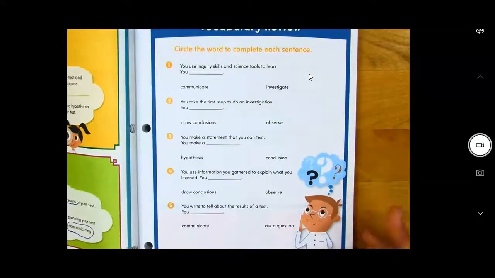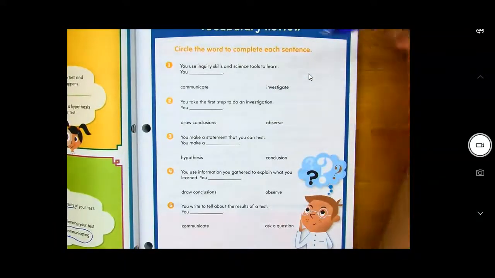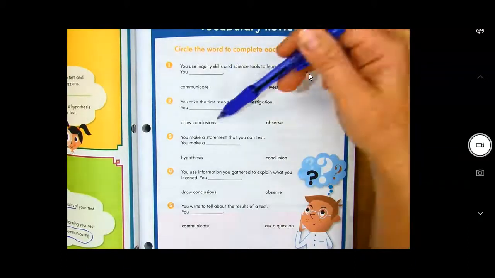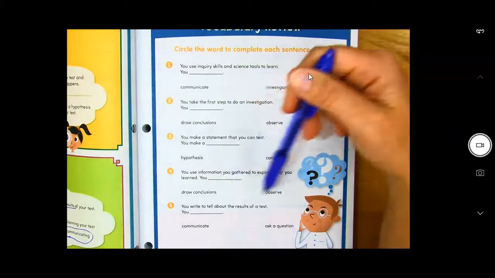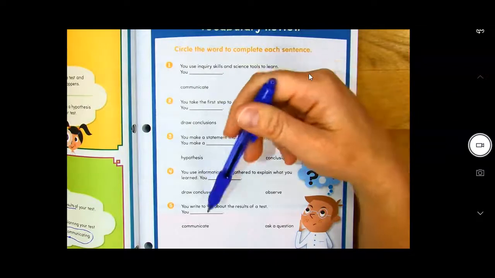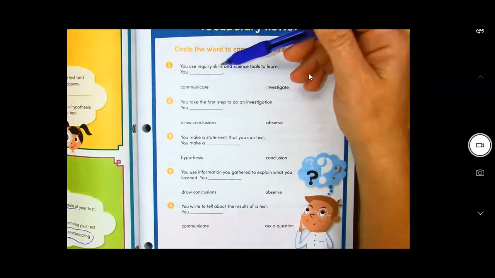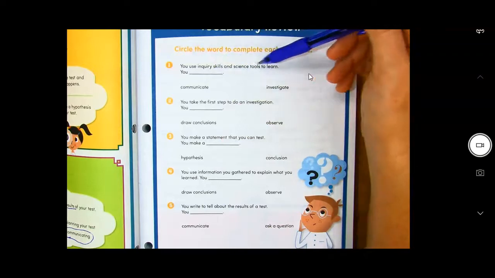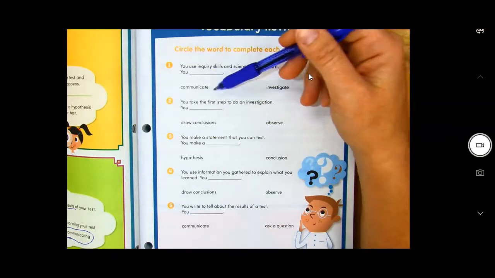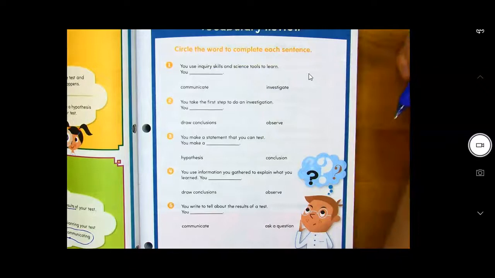Here's your brain break or your brain check. You're going to circle the word that means what it's talking about, okay? So you use inquiry skills and science tools to learn. You are communicating or investigating.